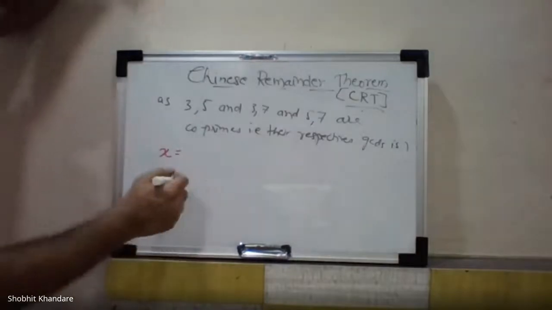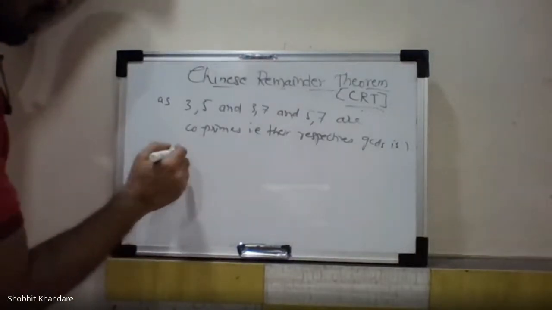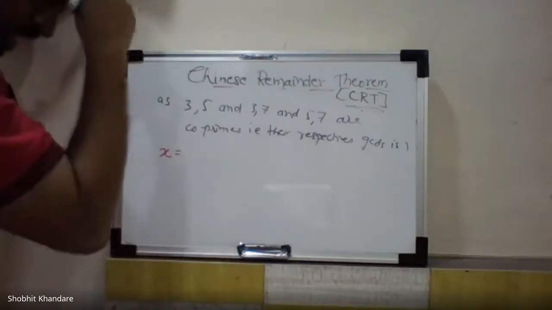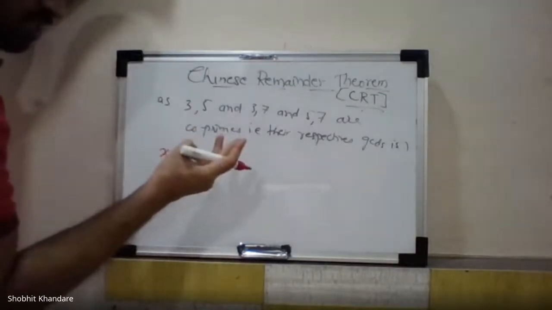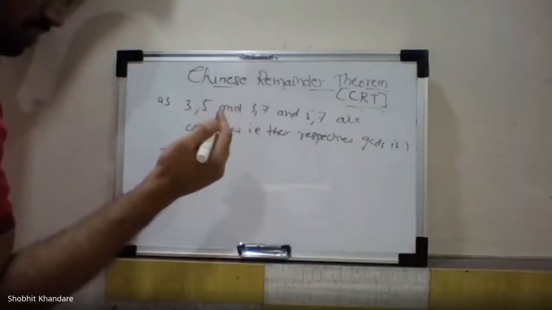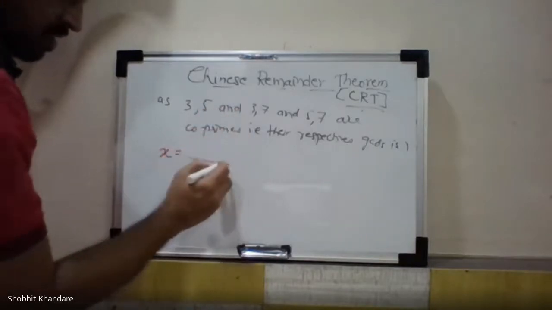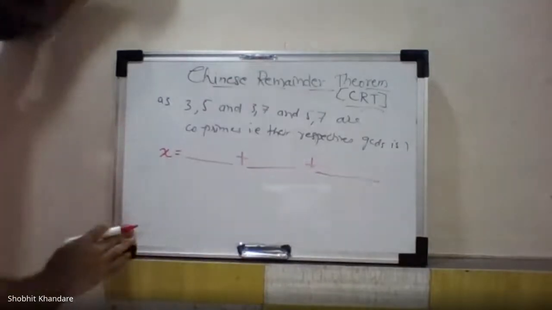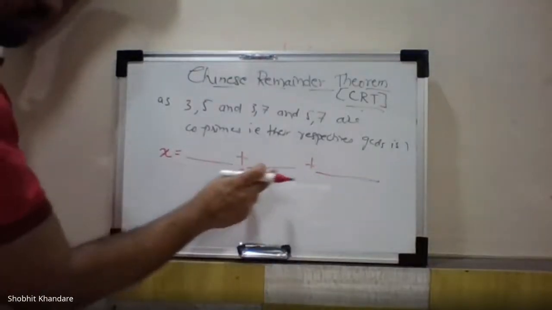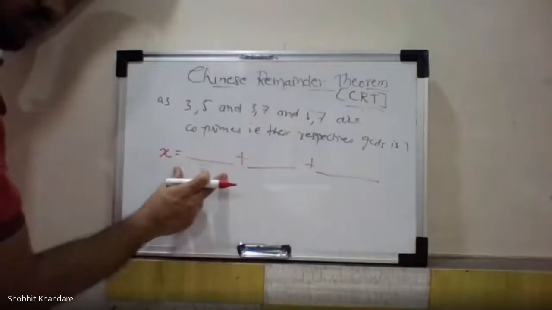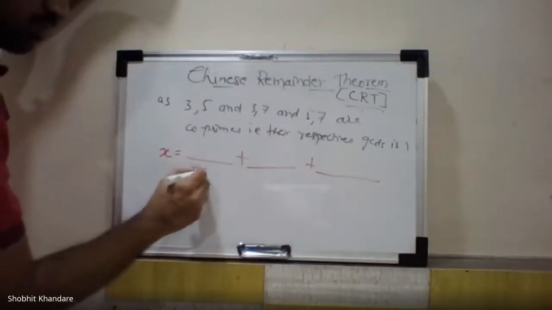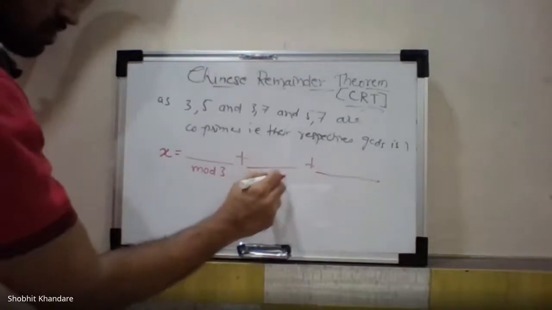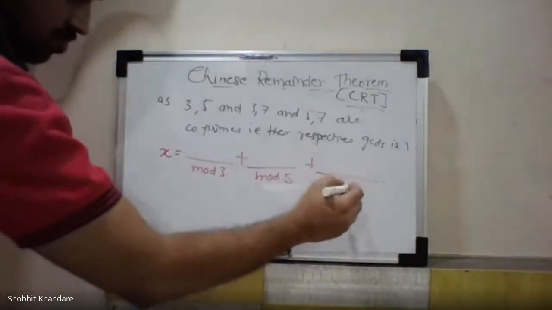See here, the approach is that as we have 3 conditions given, we'll take first plus second plus third. First condition is for mod 3, second condition is for mod 5, and third one is for mod 7.